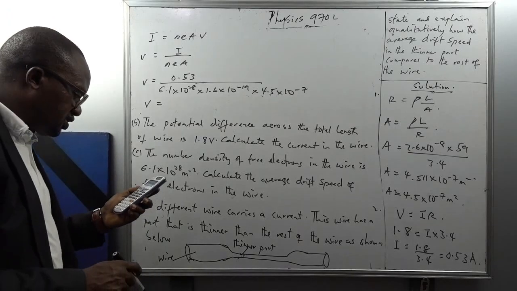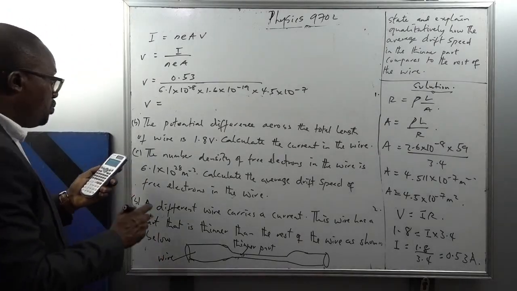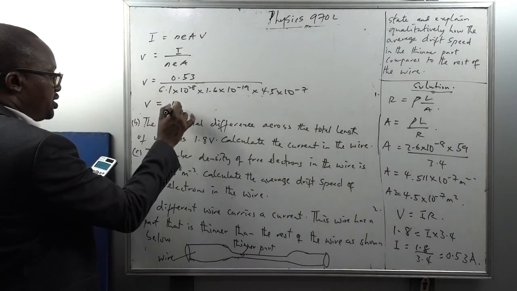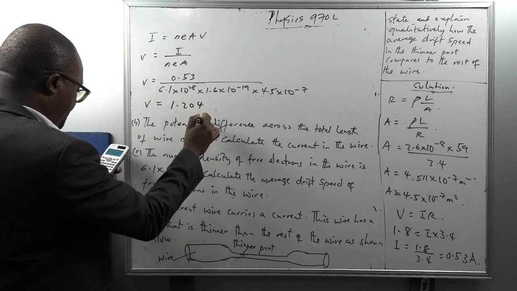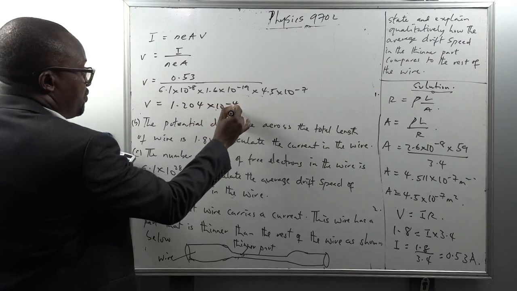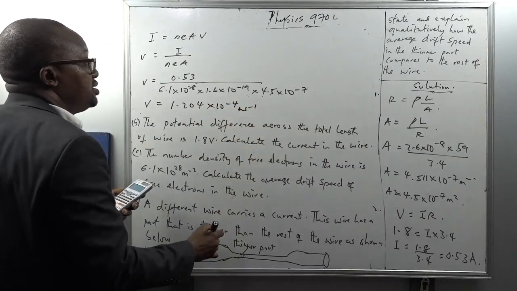So the drift velocity there is 1.204 times 10 power minus 4 meters per second, standard unit.